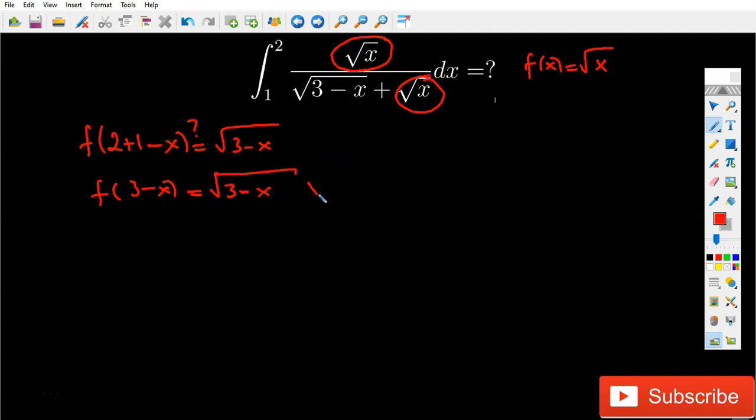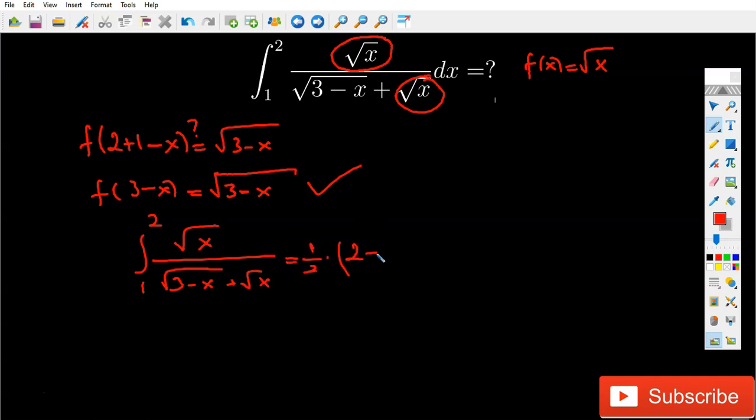So we got the second requirement met, and now we can continue. The integral from 1 to 2 of square root of x divided by square root of 3 minus x plus square root of x is going to be equal to 1/2 times upper limit 2 minus the lower limit 1. So the result is going to be equal to 1/2.